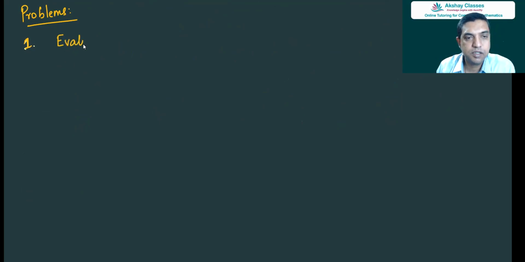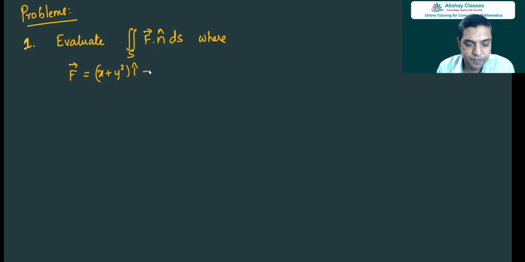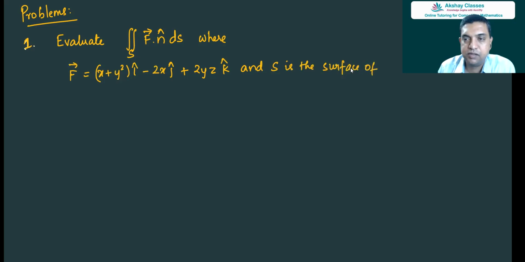Evaluate the integral over S of f dot n ds, where f is equal to (x plus y square) i cap minus 2x j cap plus 2yz k cap, and S is the surface of the plane 2x plus y plus z is equal to 6 in the first octant.